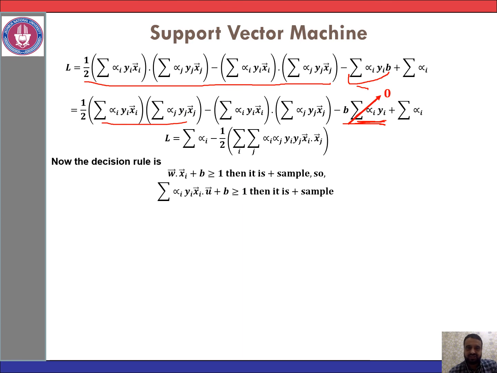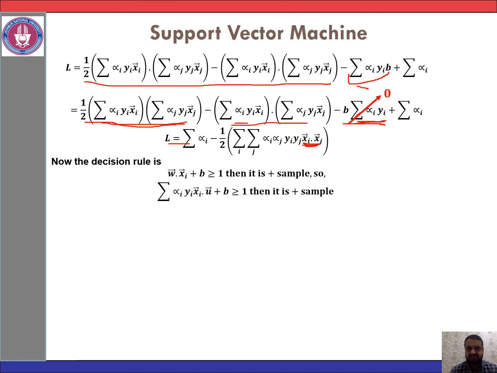Now we will subtract this part from this one, so we will get minus 1/2 of this, and this term will come down. So the final objective function becomes summation of alpha i minus 1/2 of summation of i and j, alpha i, alpha j, yi, yj into xi sample dot xj sample. So it is the dot product of all the samples in the data set.